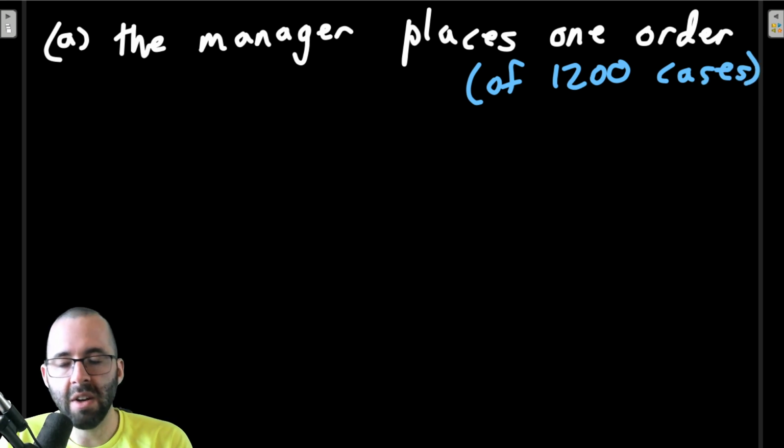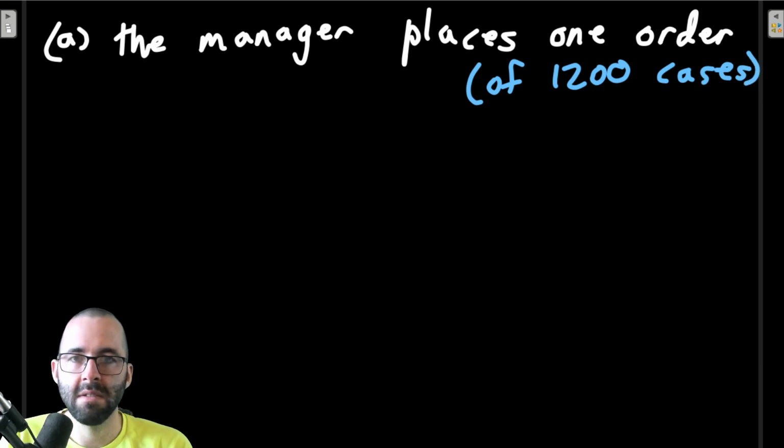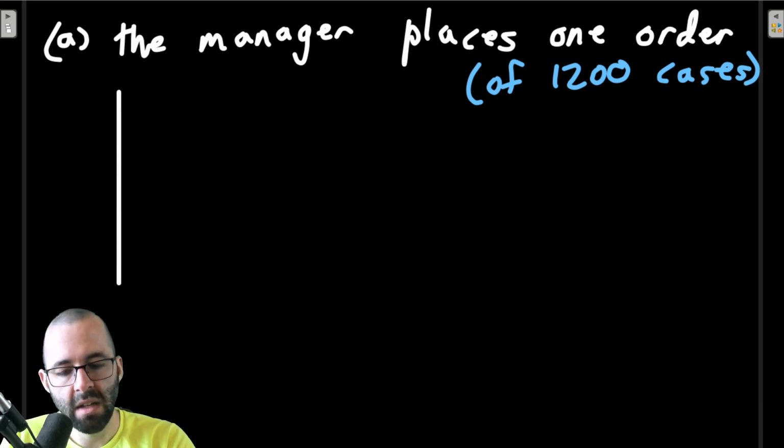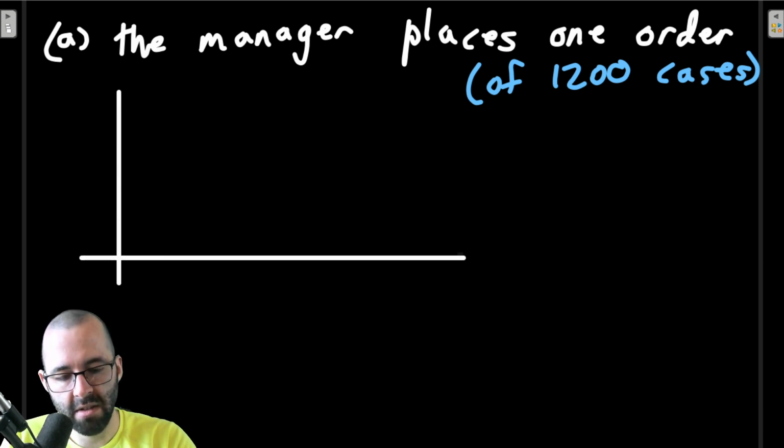And so you might think, okay, if it costs $8 to have a case of orange juice stored for the whole year, then we'll just multiply 8 times 1,200. But let's look at what's actually happening, because it's not quite that. So if you look at a graph here, and again, let's say this is 1,200 up here.